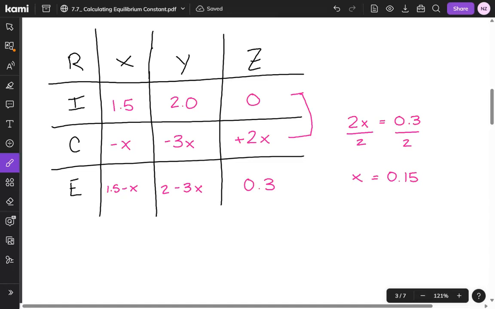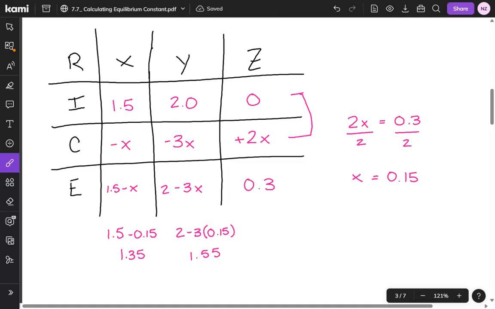Now I can go back and solve for all of my other values. 1.5 minus 0.15, and then 2 minus 3 times 0.15. For our first value, we would get 1.35. And for Y, our equilibrium concentration would be 1.55.